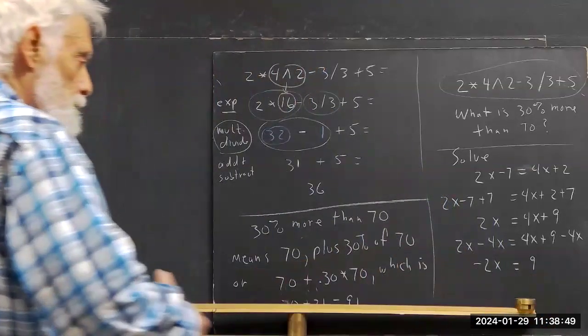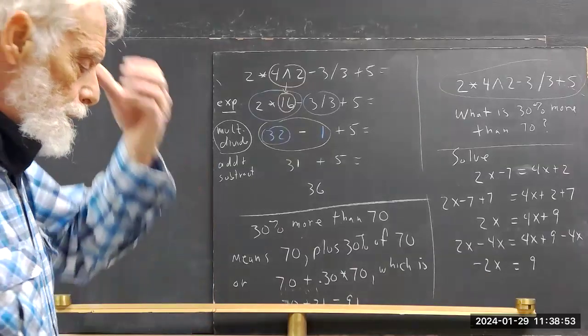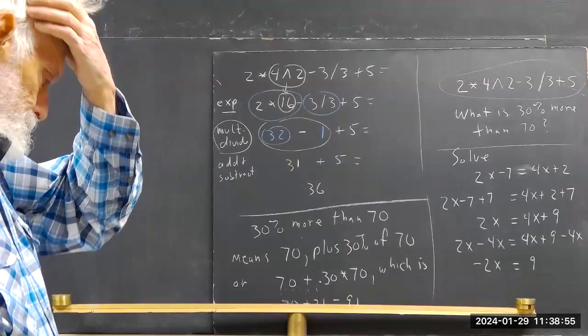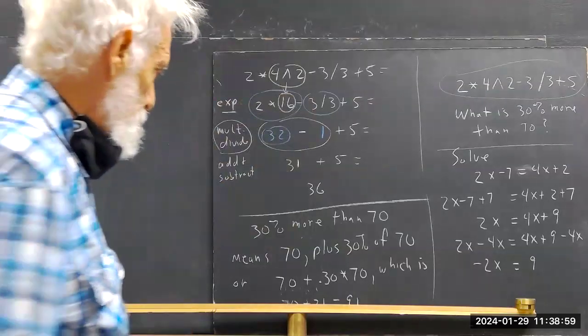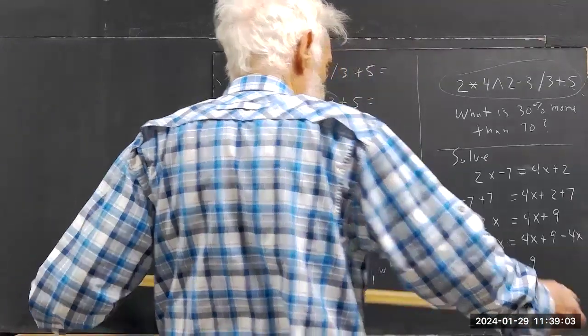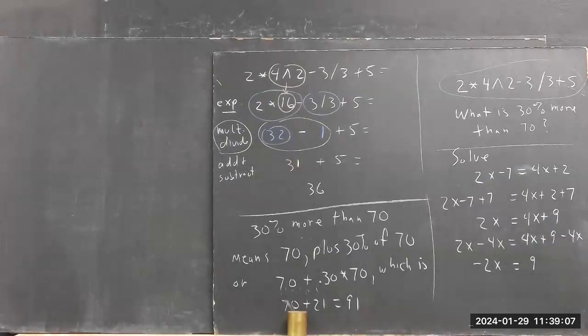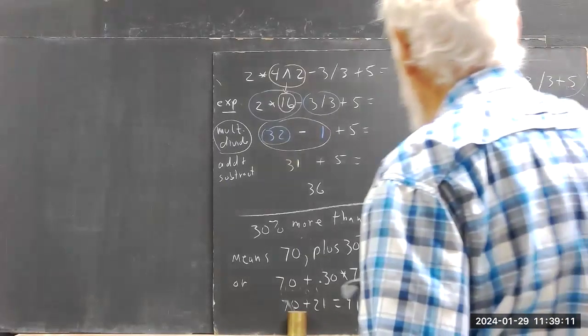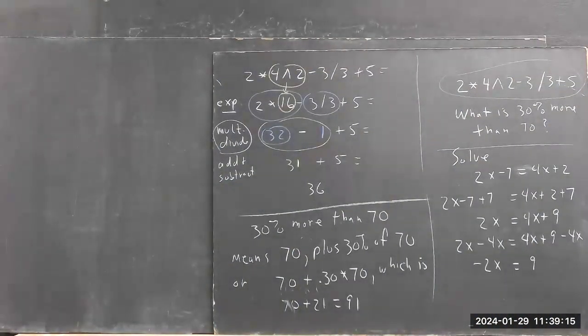I double everything on both sides and it's still in balance. There's a little fuzziness about everything I just said, but you get the idea. I just multiplied both sides by two.